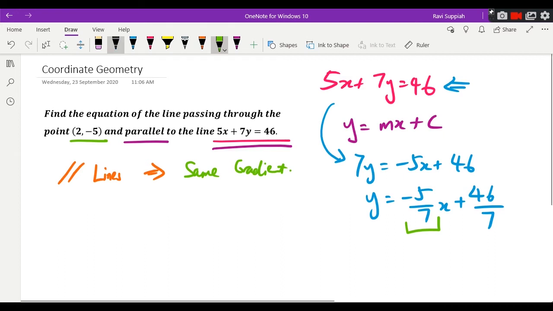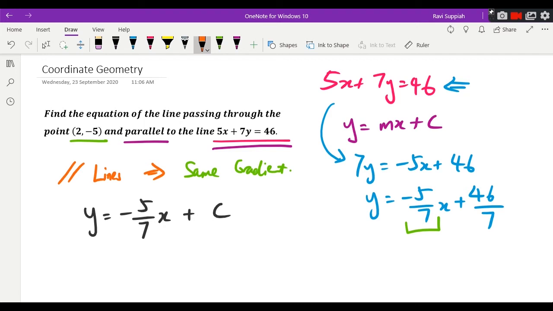So let's write the general equation for this parallel line. y equals negative 5 over 7 x plus c. What is left for us to find is the constant c. Since we know that it passes through this particular point, we substitute these values of x and y into this expression.